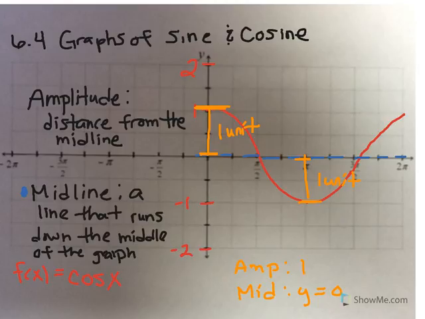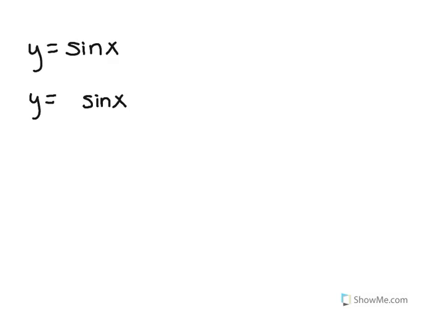Now, sometimes you don't want to have to worry about looking at a graph. You want to know what the amplitude and midline are immediately, so let's take a look at how to determine that. Okay. The first function written here is y equals sine x. And this is our parent function, which, if you recall, had an amplitude of 1 and a midline of 0.